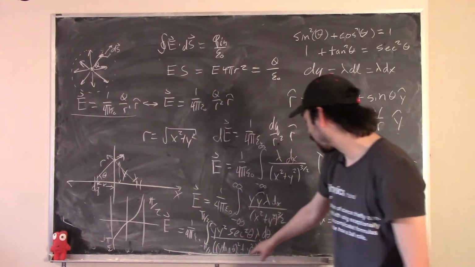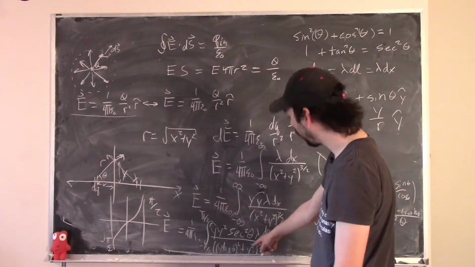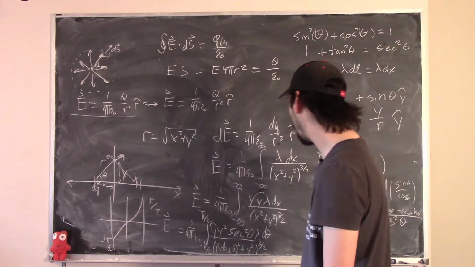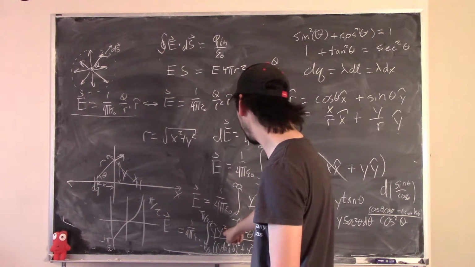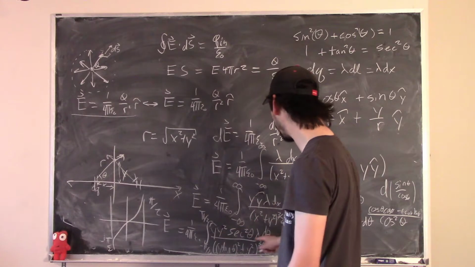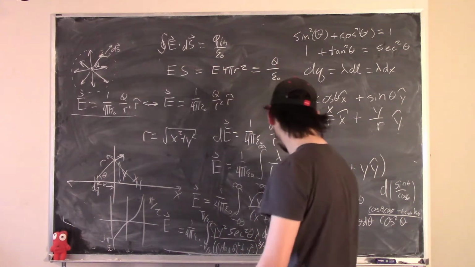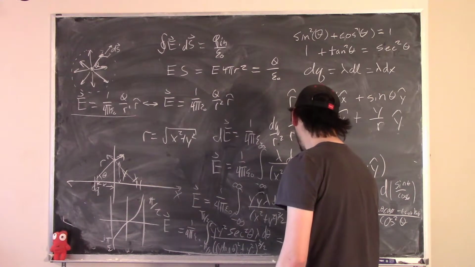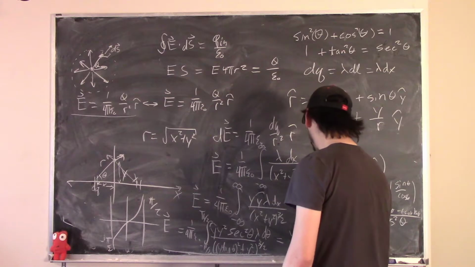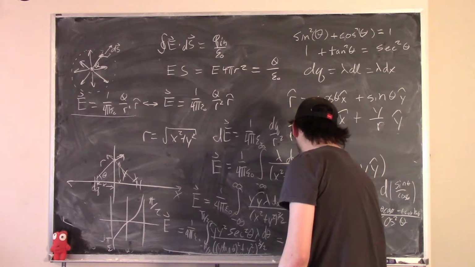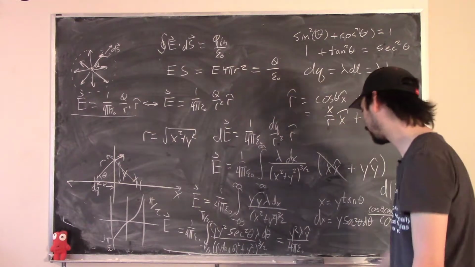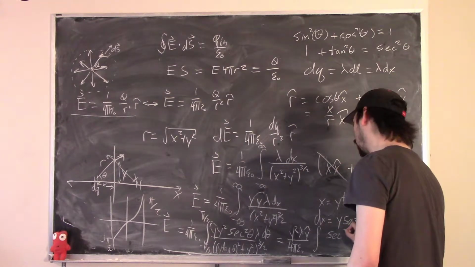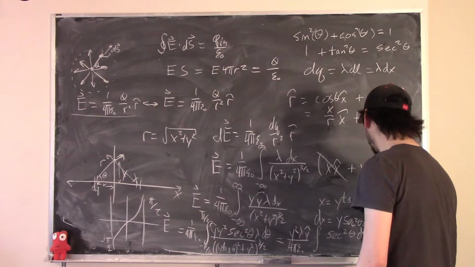So I have a y squared common to both of these factors. I can factor that out, and because it's y squared to the 3/2, that's going to be a y cubed. That's going to help me with this y squared here, and we're not actually integrating over y or lambda, so we can write this on the outside. So this is going to be y squared lambda y hat divided by 4 pi epsilon naught times the integral of secant squared theta d theta.